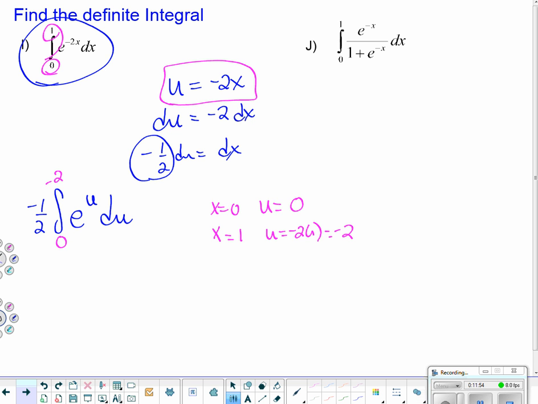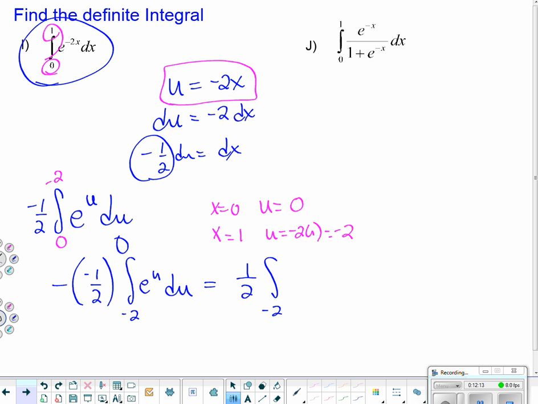Notice how our smaller value is on top. It takes a negative to flip that, correct? So I'm going to flip over my integral, putting my negative out front, and e to the u du. Negative negative makes positive, so now we're sitting with 1/2, negative 2 to 0 of e to the u du.